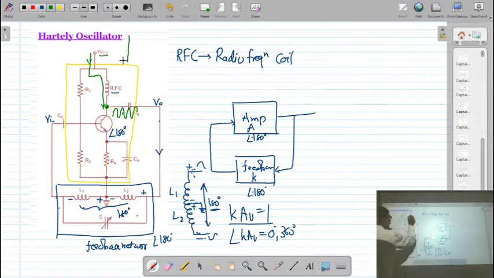Here, if you see, this is my VCC. If you have an ideal power supply or a regulated power supply, but as the current increases or decreases, then this DC voltage will also slightly increase and decrease.